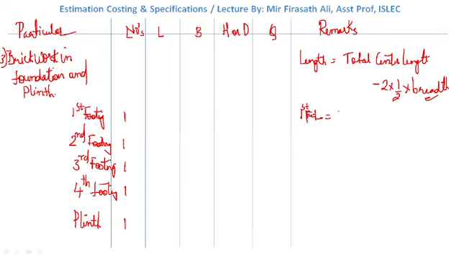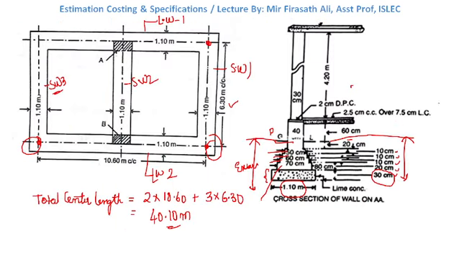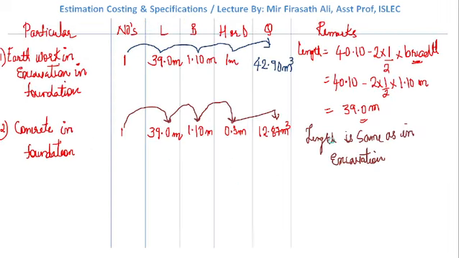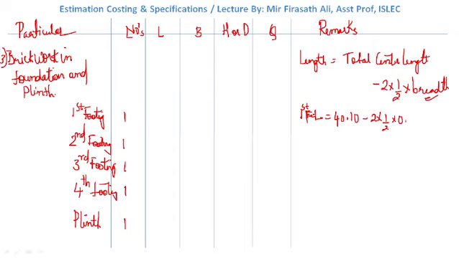Total length is 40.10 minus 2 into 1 by 2 into the breadth of the first footing. As you can see over here, 80 centimeter is the breadth of the first footing, so write down 0.8 meters. So this stands as 39.30 meters.